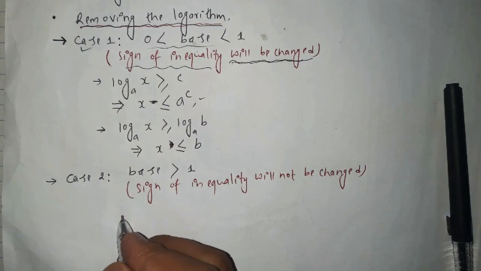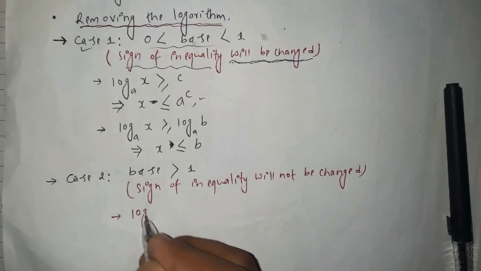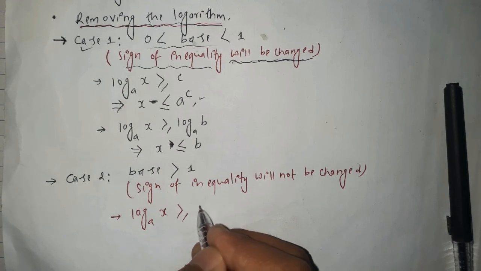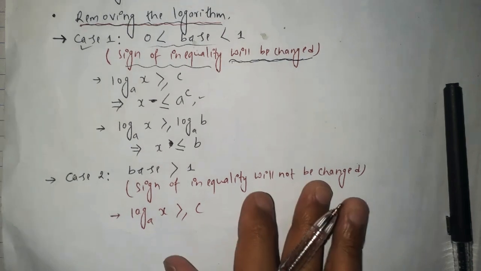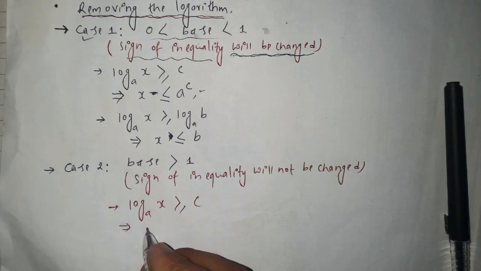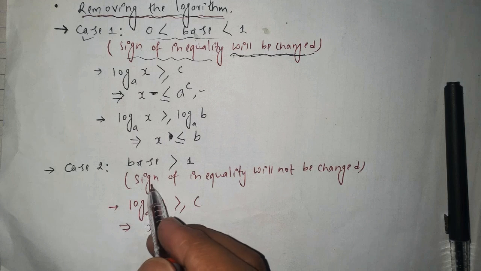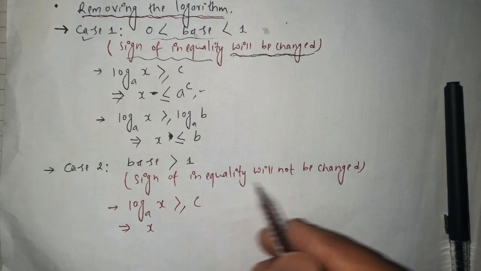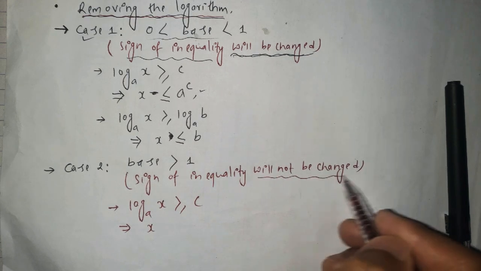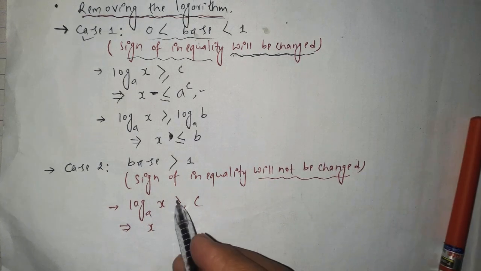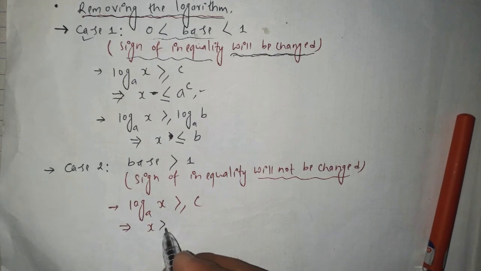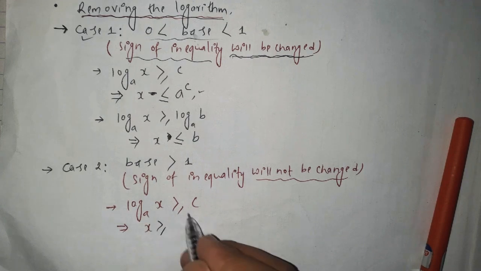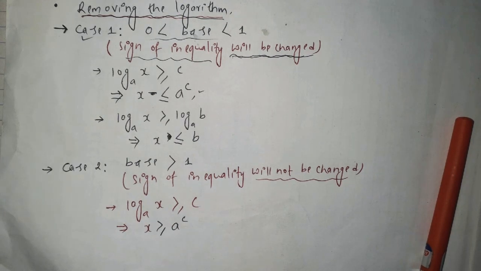For removing the logarithm, if it is written this way, log with base a of x is greater than or equal to c, then this is the same as x, and we take the same sign of the inequality, greater than or equal to a raised to the power c.